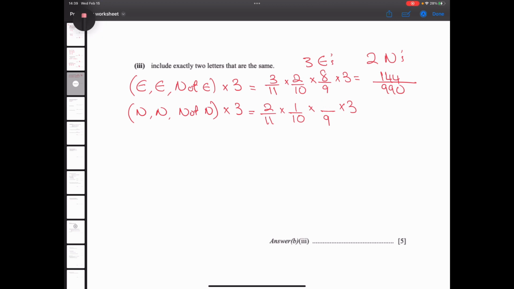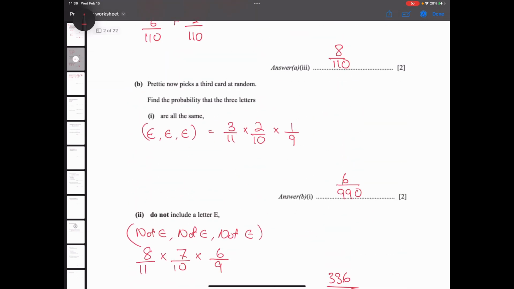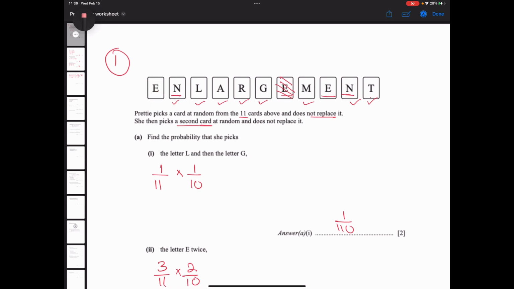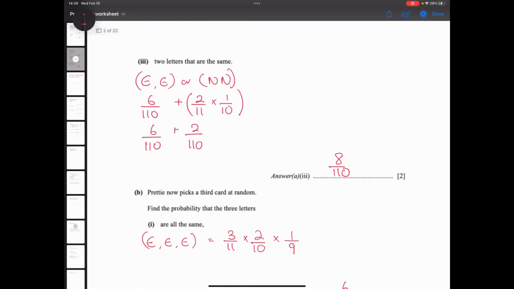I think it's 9 out of 9. Not an N, because if I took an N and I took the other N, how many remain? 1, 2, 3, 4, 5, 6, 7, 8, 9. So it's 9 out of 9.